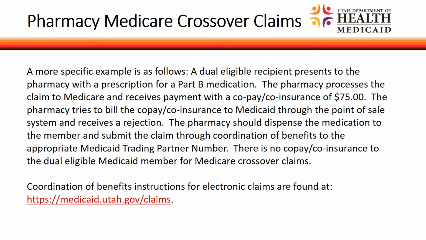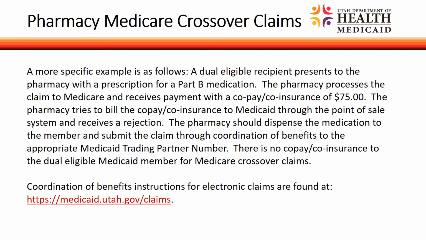So for an example of a pharmacy Medicare crossover claim, a dual eligible recipient presents to the pharmacy with a prescription for a Part B medication. The pharmacy processes the claim to Medicare and receives back a payment or a copay or coinsurance of $75. The pharmacy tries to bill the copayment coinsurance to Medicaid through the point of sale and receives a rejection.